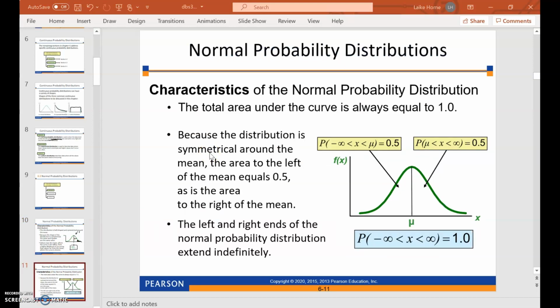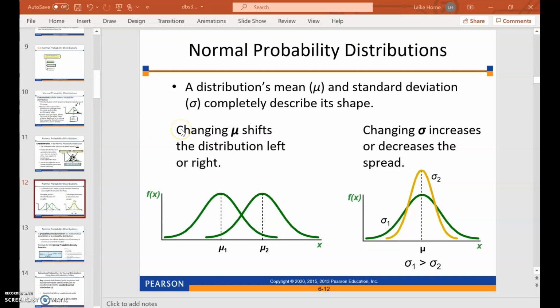And the characteristics of a normal probability distribution, I did mention that everything under the curve is 1. And because it's symmetrical, each side is 0.5. Another thing to know about normal probability distributions, this line here is the mean.